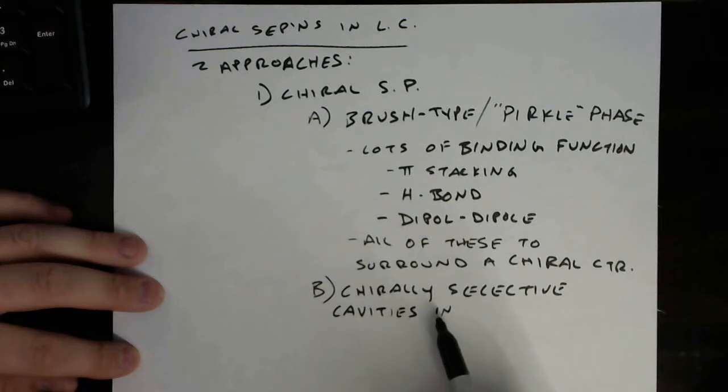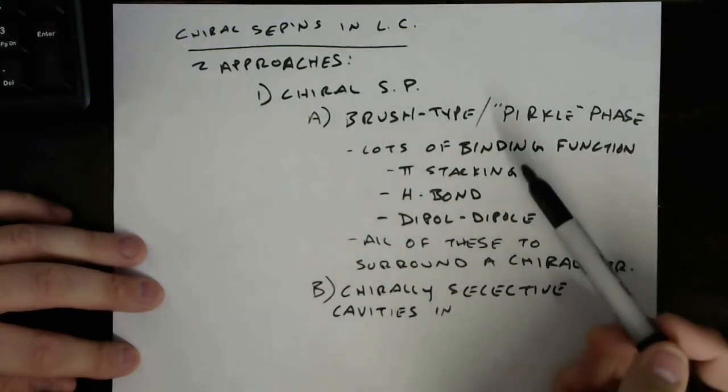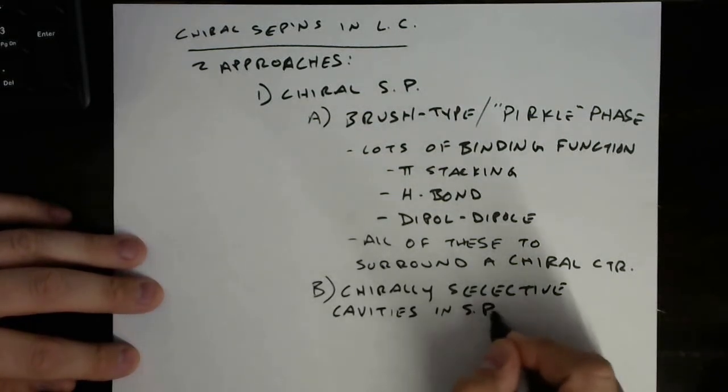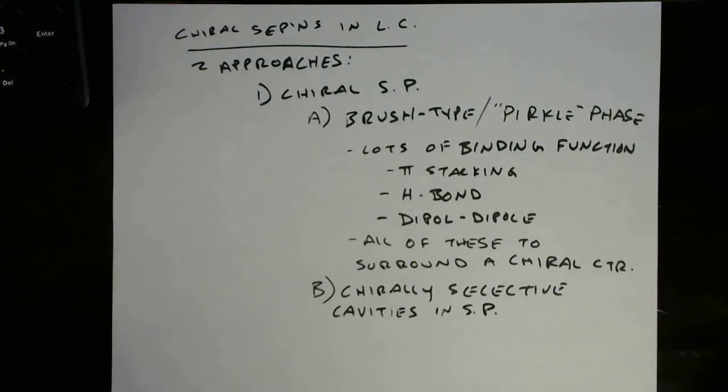And again, the same concept being that one half of an enantiomeric pair will more preferentially have intermolecular interactions with that cavity than the other would, because of the arrangement of intermolecular forces.